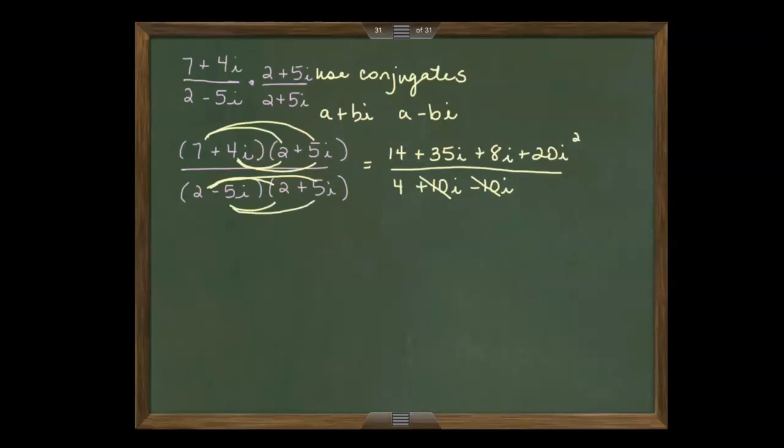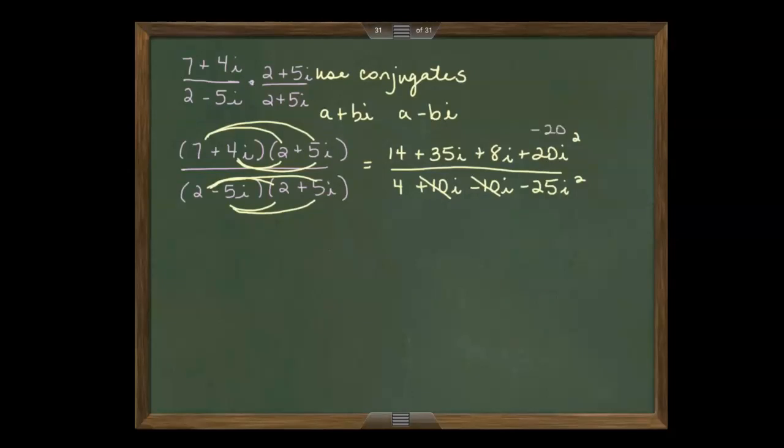And that's really why we use the conjugate. And then finally we have negative 25i squared.